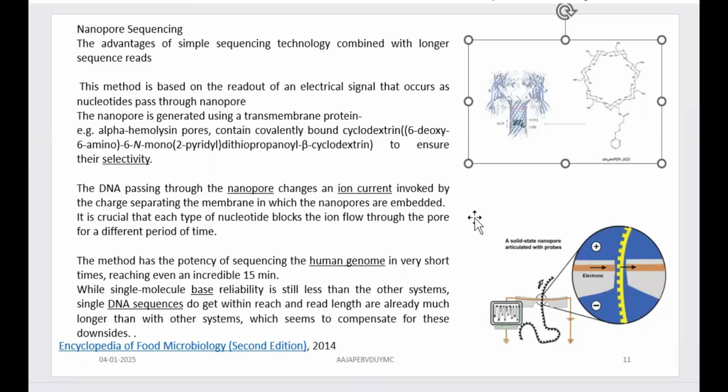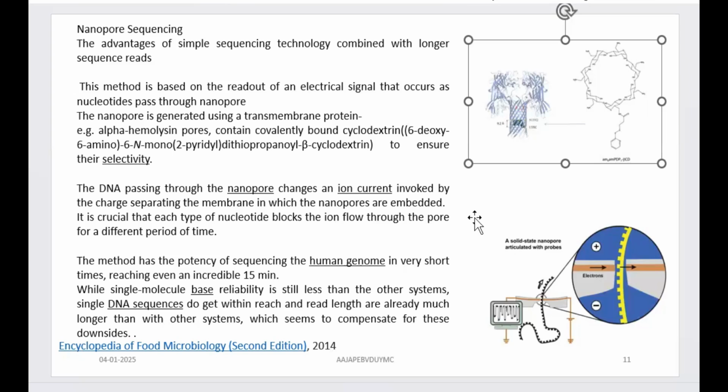The Human Genome Project, which went on for more than a decade, can now be completed very fast if you have systems like nanopore methods. Another thing is that as you are analyzing a single molecule, that is one nucleotide base at a time, the reliability is still less than the other systems.